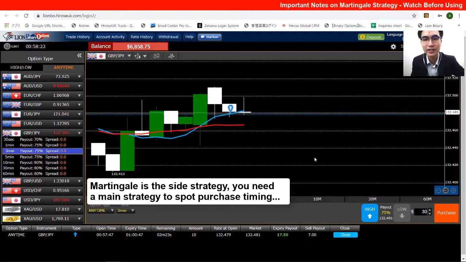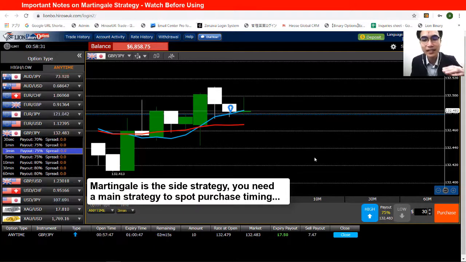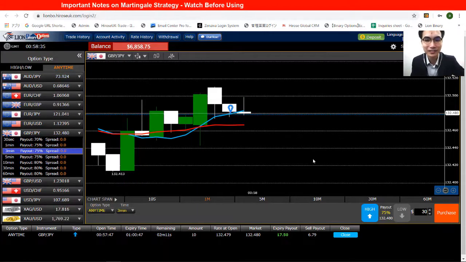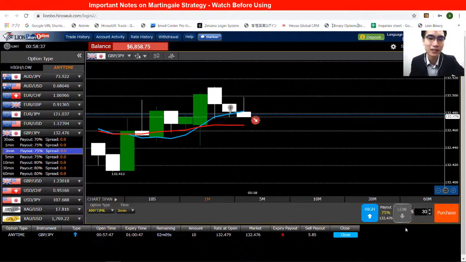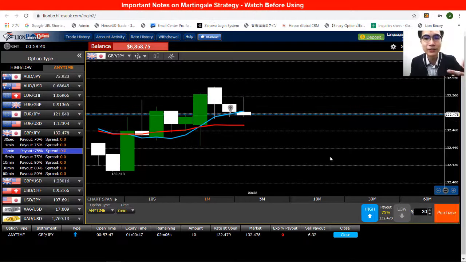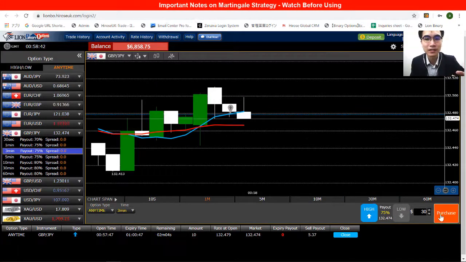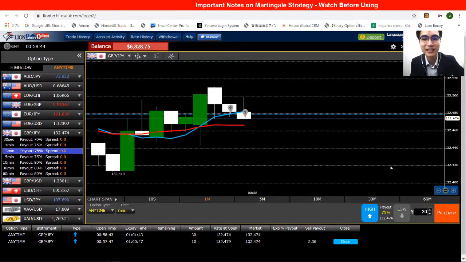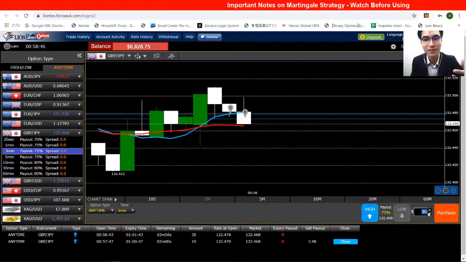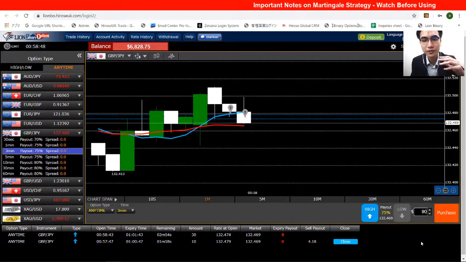I still need to have the correct signal to place the correct trade, just to make sure that I have a certain chance to win. So just remember, don't trade blindly. Even if you have the Martingale strategy, you still need to have an accurate, trustworthy main strategy to trade with.